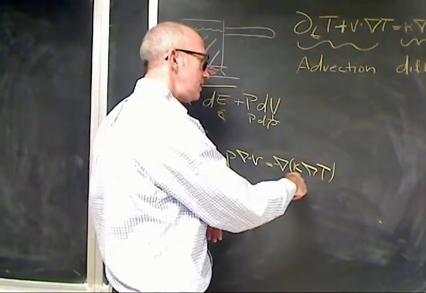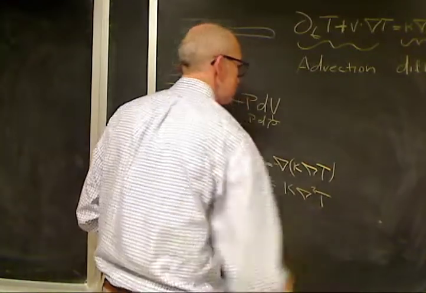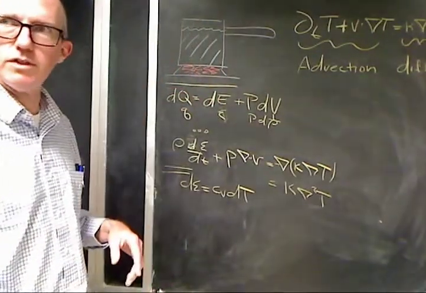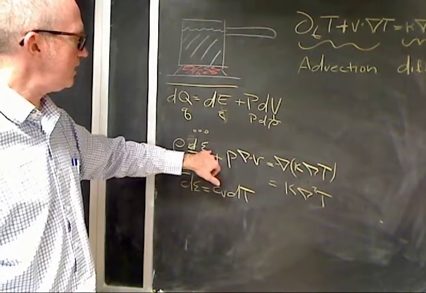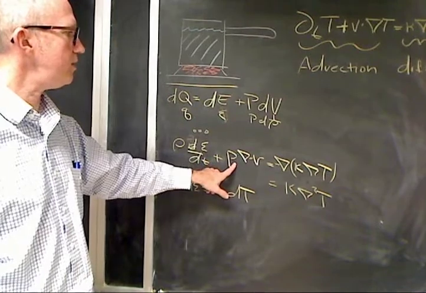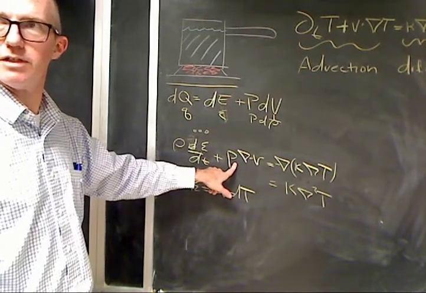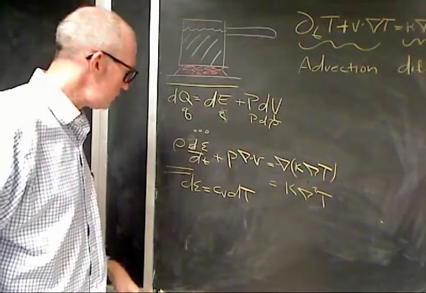If this is a constant, then it comes out, and this just turns into K del squared T. So this just turns into diffusion. And on the right-hand side, the E turns into a T, and we do a little bit of algebra with the P to turn it into a temperature again, and then we're left with this advection diffusion equation.